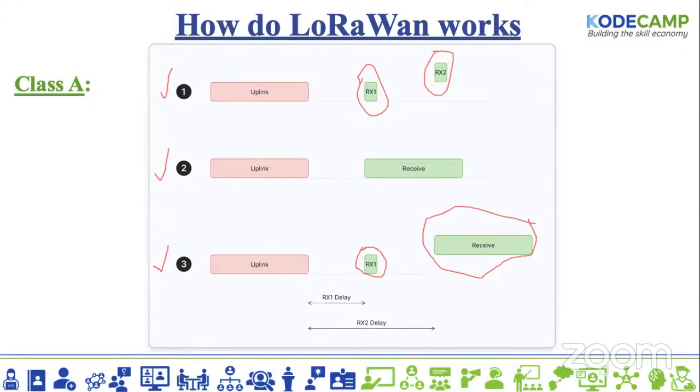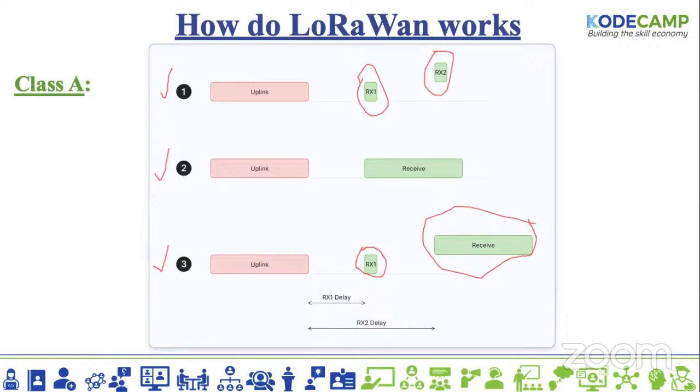Another thing you need to know about class A devices is that they spend most of their time in sleep mode. They only become active when there is data to send. After that, they go back to sleep mode. Once there's no data, they go back to sleep.